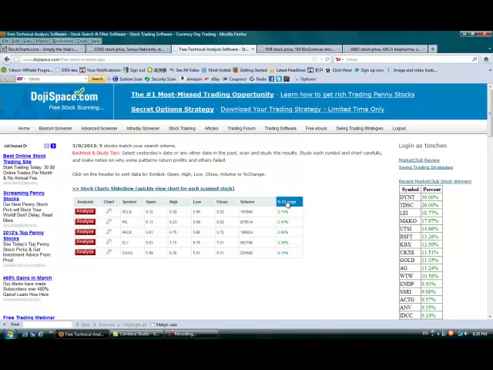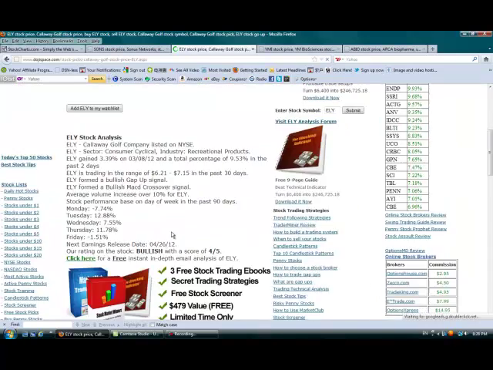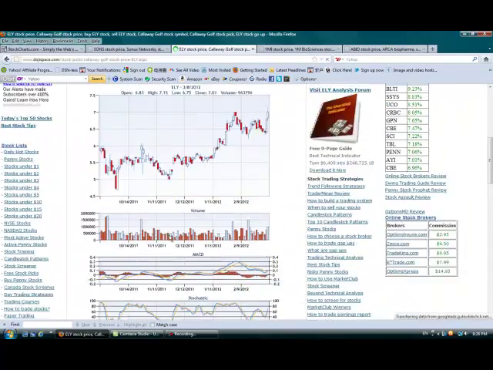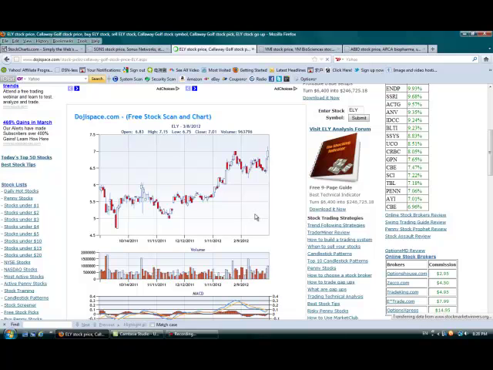And if you click on the header, you can sort by the percentage change. This is sorted by volume. And if you want to look at the chart for ELV, you just click on the chart. The best feature of Dogespace is the stock screening feature, not necessarily the stock chart.